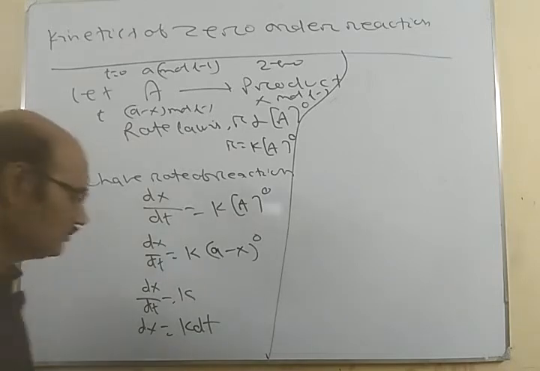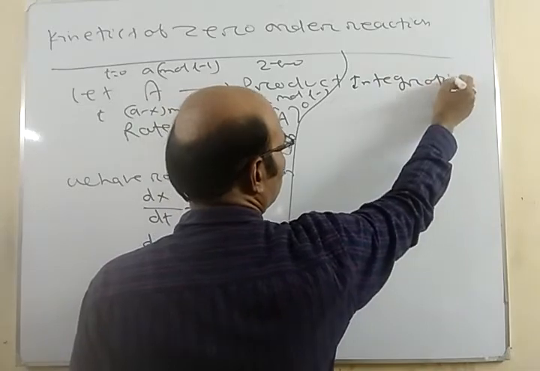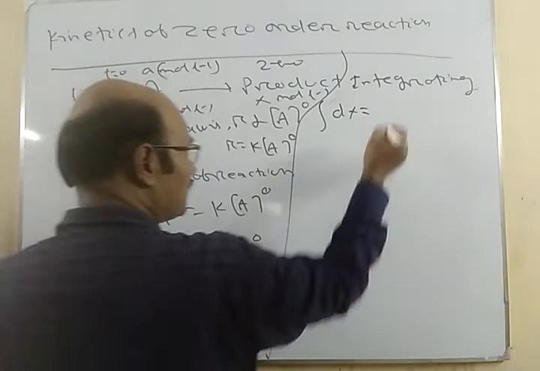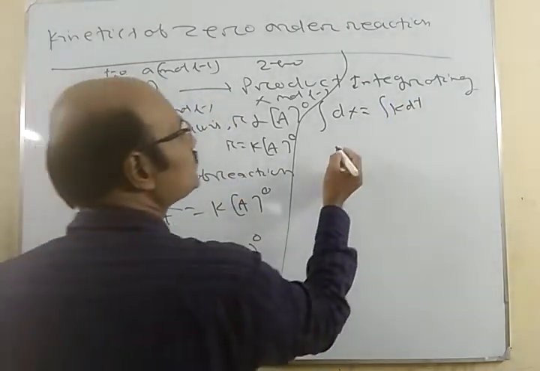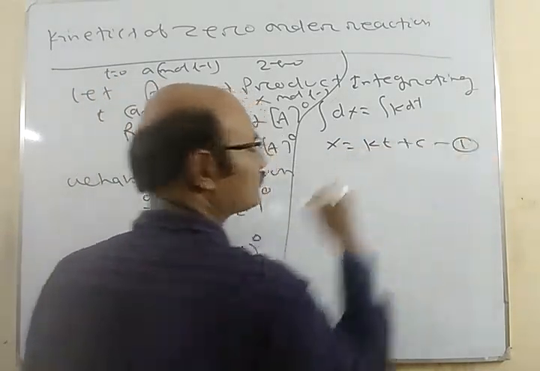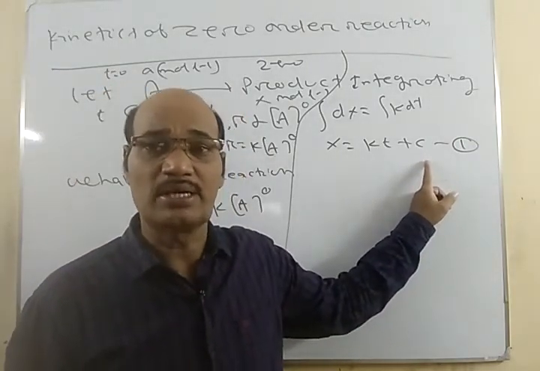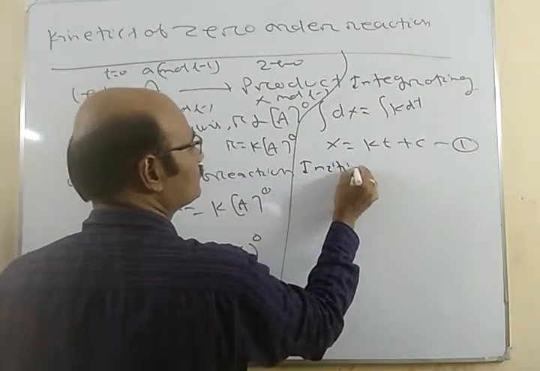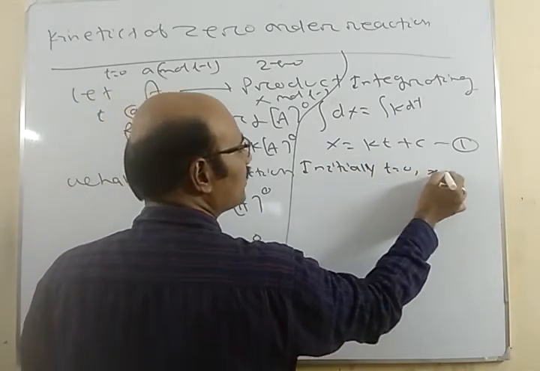Now integrating both sides, we get integration of dx equal to integration of k dt, so x is equal to kt plus c, where c is the constant of integration and its value can be calculated from the initial condition. Initially, t equal to 0, x equal to 0.